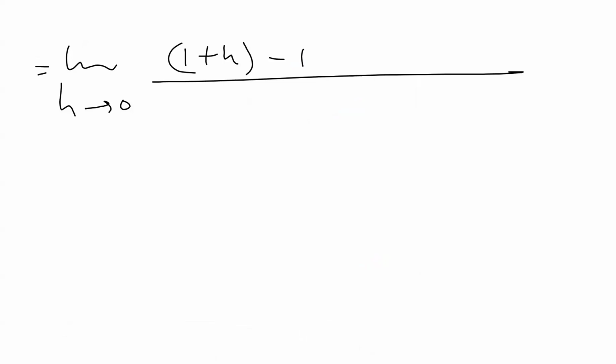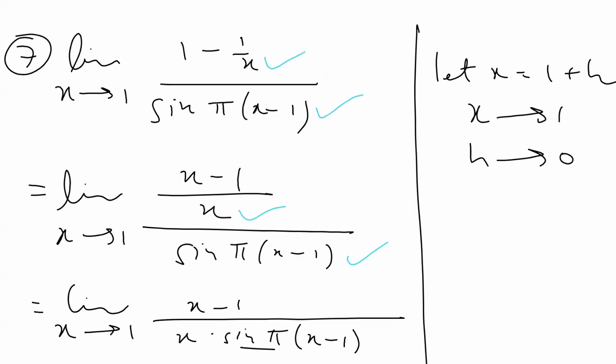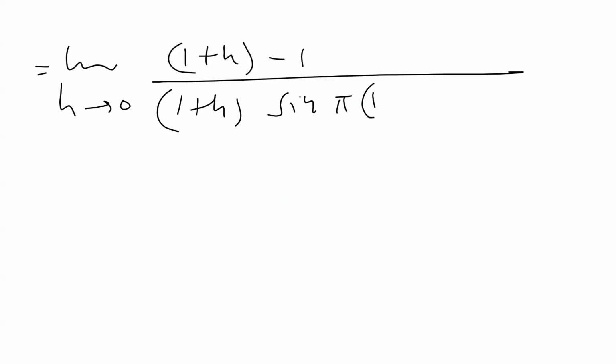So limit h approaching 0, 1 plus h minus 1 upon 1 plus h sine of pi into 1 plus h minus 1.